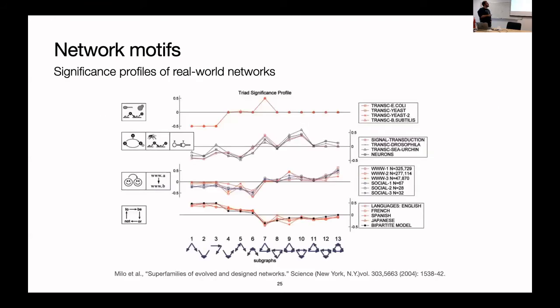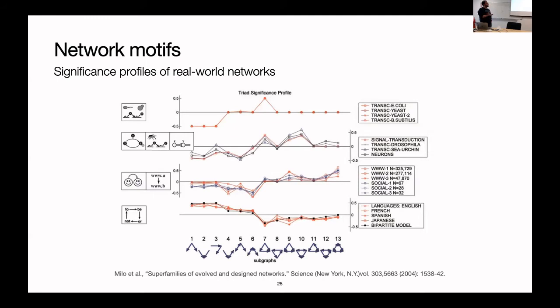These are the significance profiles of real-world networks, from the original paper by Milo and colleagues that proposed the notion of network motifs. We can notice that we have grouped together networks from different domains.